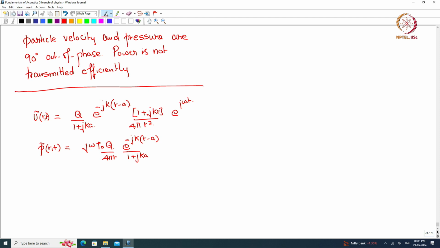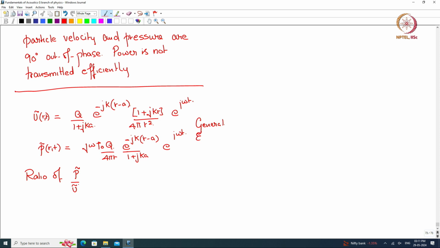If I take the ratio of pressure to particle velocity, with the e to the power j omega t, these are general expressions, not for a monopole or anything.